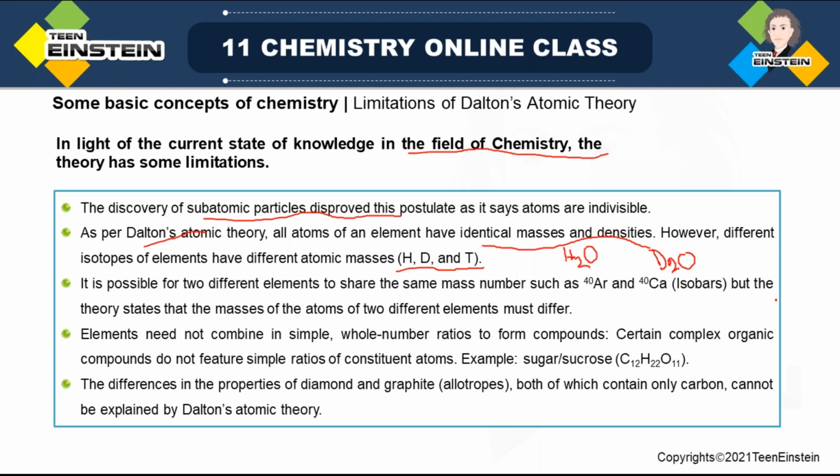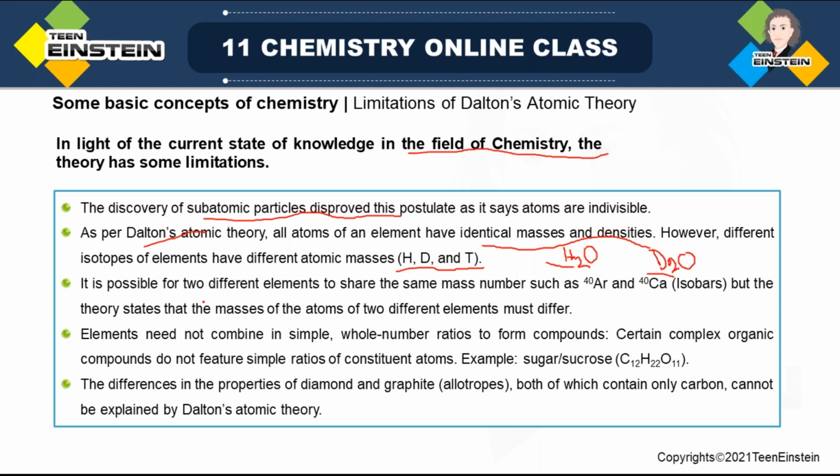So when isotopes of elements are involved, we cannot say that this postulate is correct, because it says all atoms of an element have identical masses and densities, but we know that for hydrogen, when it is deuterium, the mass is doubled, it is not the same. So in the case of isotopes, this is the limitation.